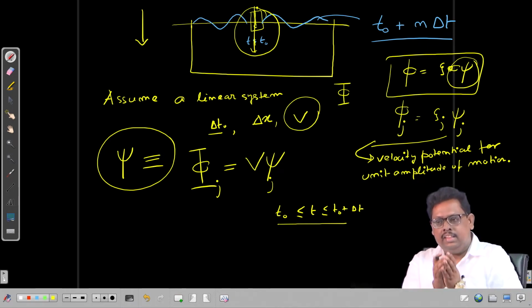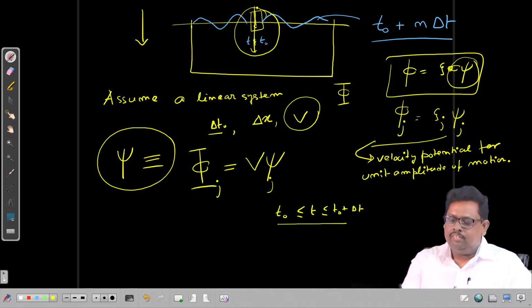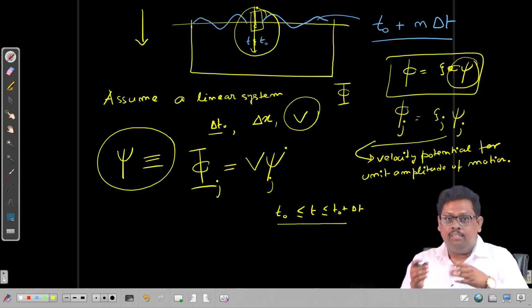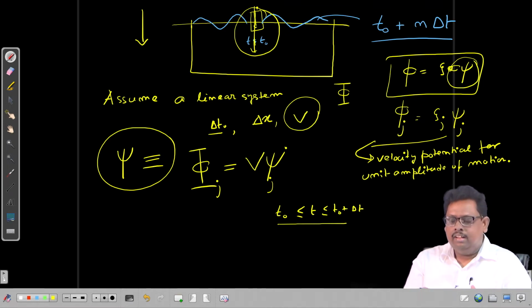This disturbance is proportional to the velocity. So, if you add more velocity, the disturbance is more. If psi j is the velocity potential for unit amplitude of the velocity, and phi j is the total velocity potential, then phi j equal to v into psi j, right.